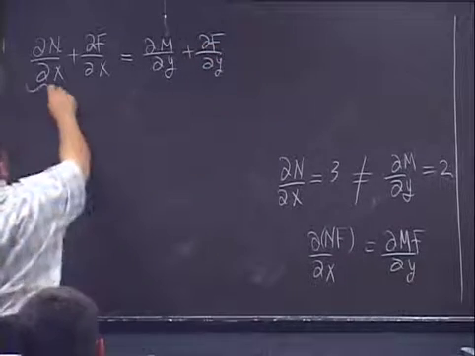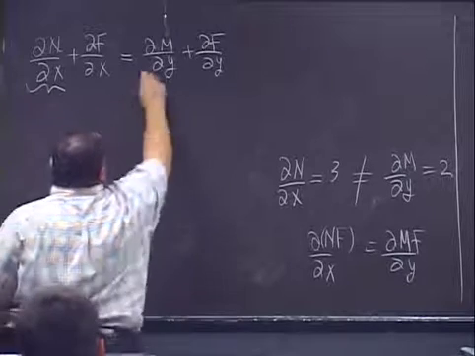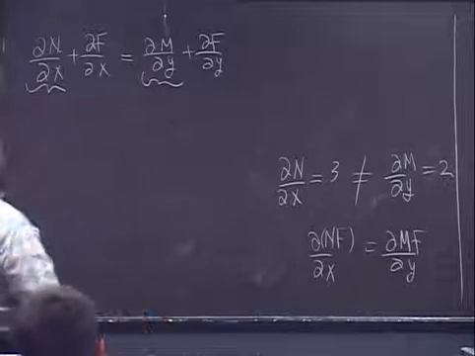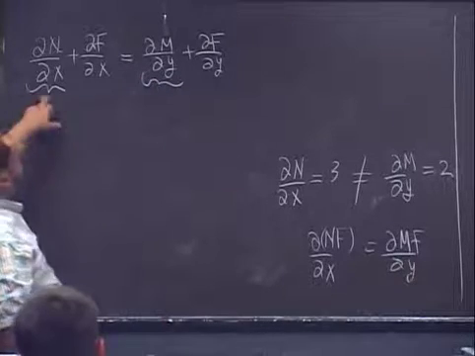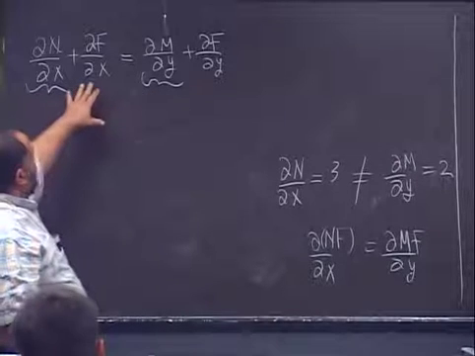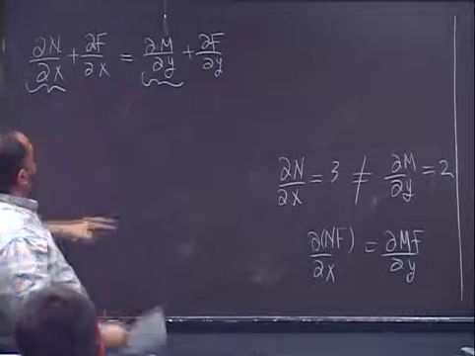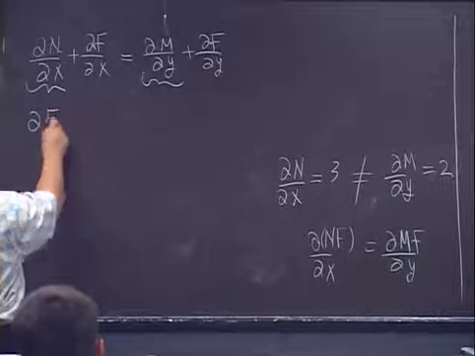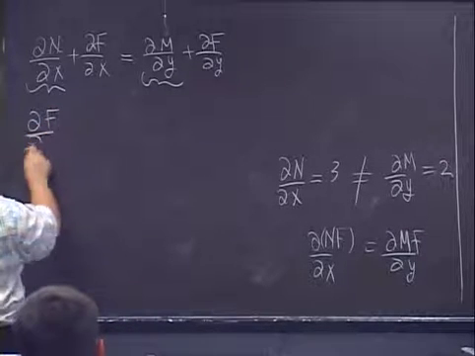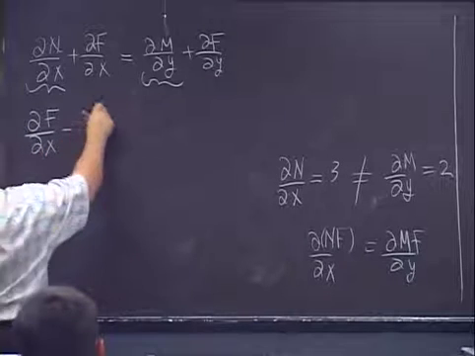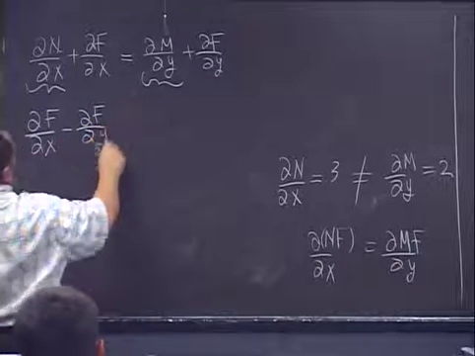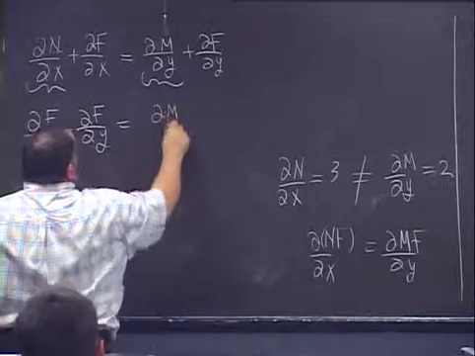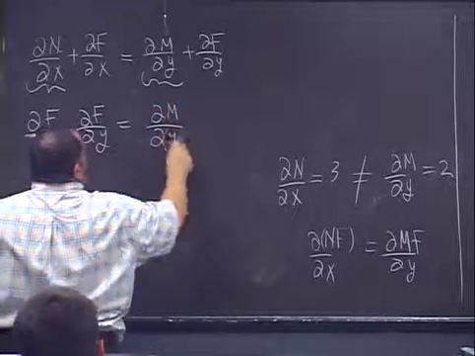You knew this, yes? And you knew this, and then you have this term, and all you have to do is find a function that if you differentiate it with respect to x, minus the same function differentiated with respect to y, will give you the difference between those two functions.